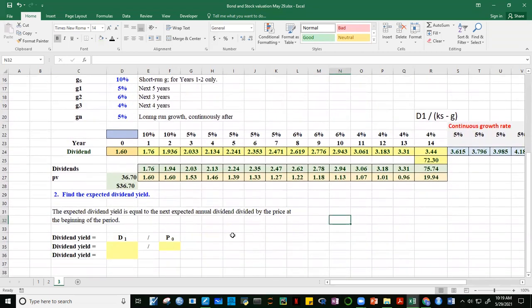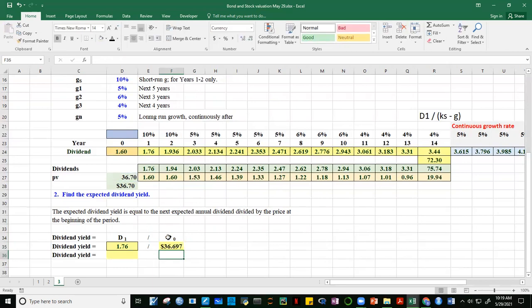This is included in the exam. And here, the dividend yield. Dividend yield is the dividend at year 1 divided by the price now. The price is 36.70.